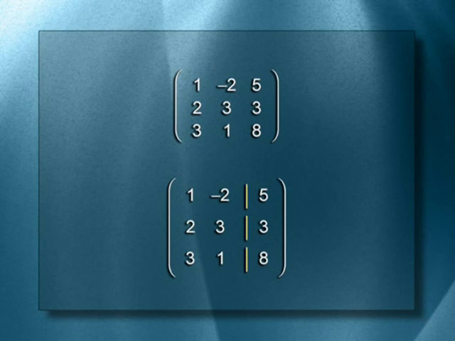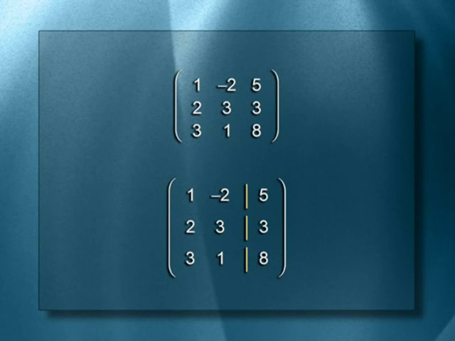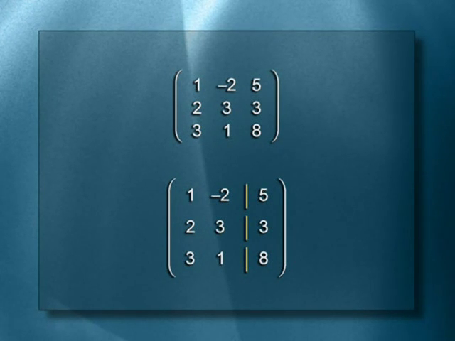In that previous problem, the right-hand side was 5, 3, and 8 in each equation. And sometimes a vertical line lets you see clearly which part of that are the coefficients and which part are the right-hand side, the constant terms. It's not necessary to do that, but a lot of books prefer to do that.